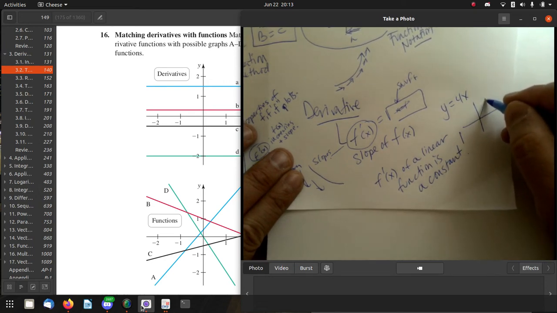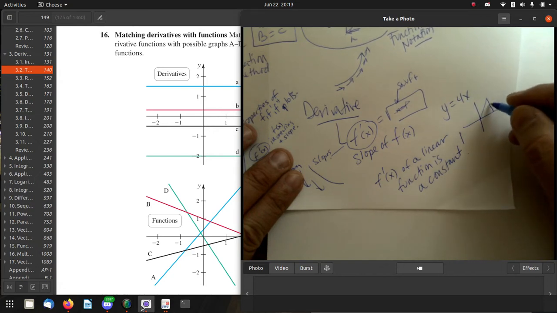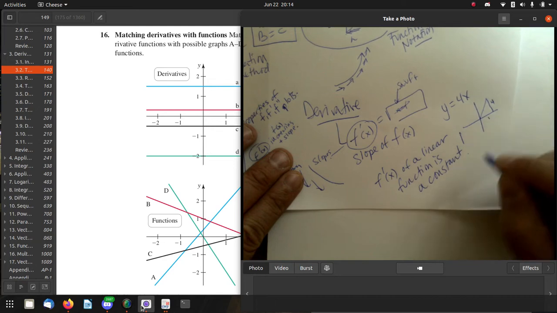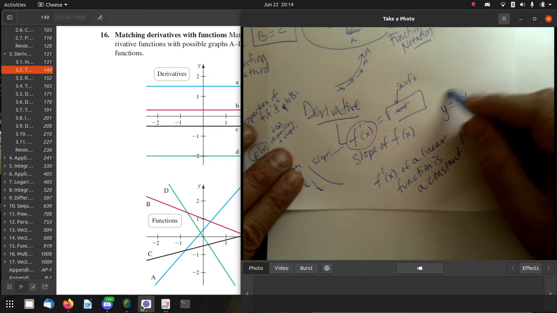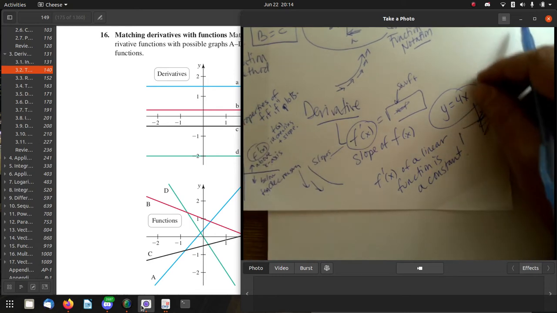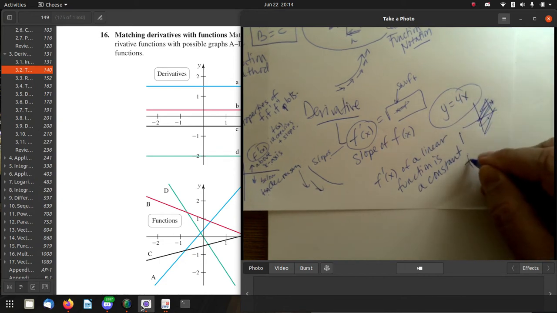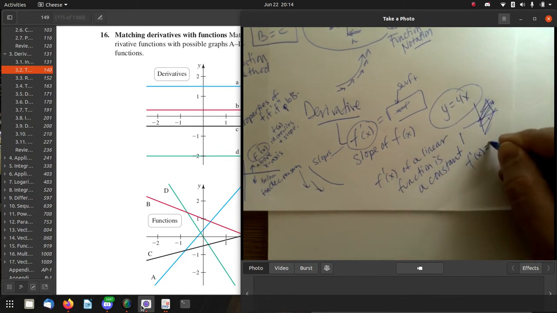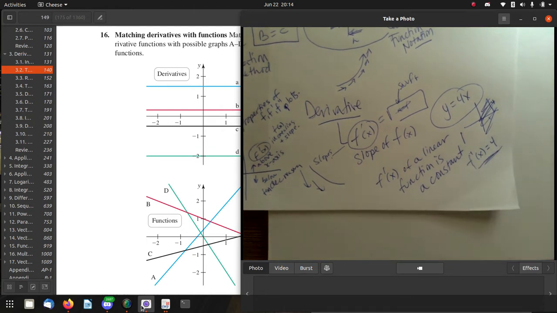It always goes up in a 4-to-1 ratio, so the rise over the run is 4-to-1. Obviously this is grossly not to scale, so forgive this ugly plot. But you can see that whatever that slope is, if I get rid of that x, then y equals 4 will actually be f prime. And so a linear function results in a constant derivative function.